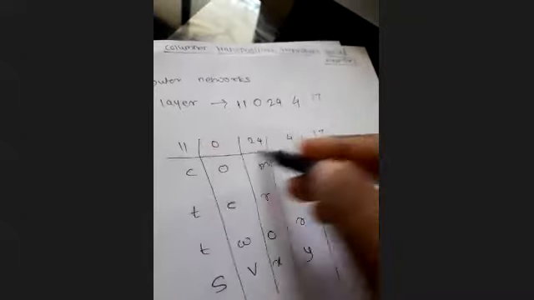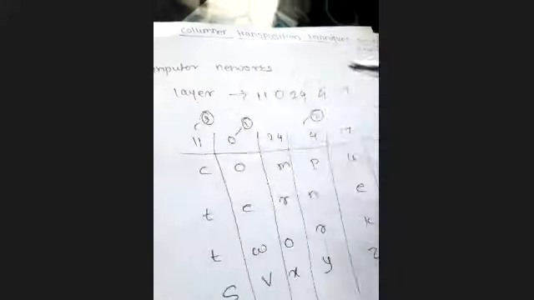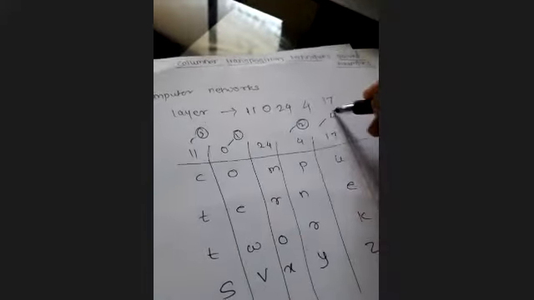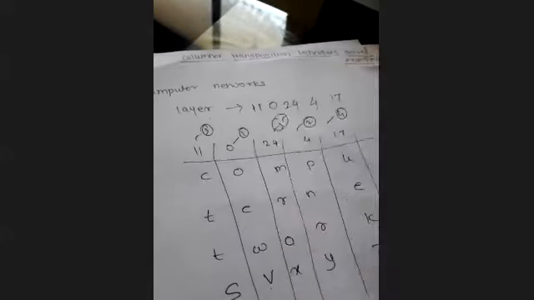Now we have to read this, right? How are we going to read? This will be the first column. After that, this will be the second. Now this will be the third column. Then this is fourth, and this will be fifth. Right?